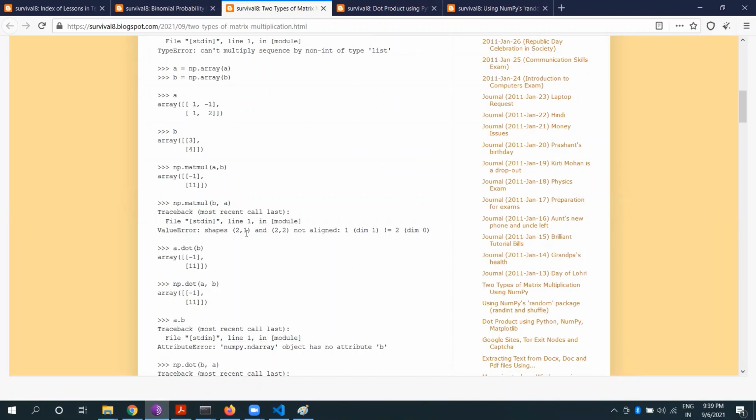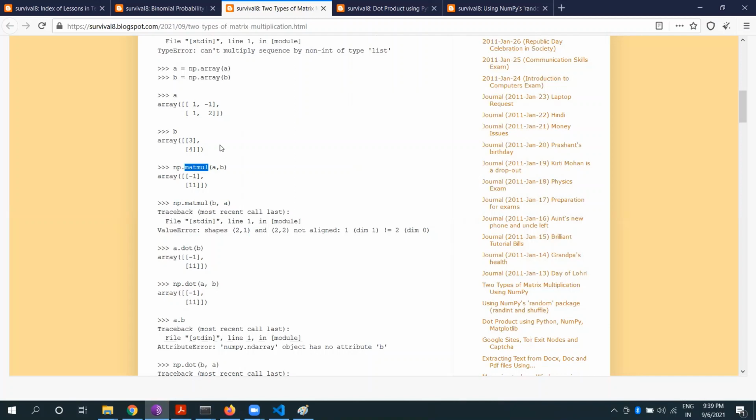If you want to do vector multiplication, you would have to call matmul, and for that there is a condition on the number of columns. It should not be a vector. The two should not be vectors, because a vector is nothing but single one-dimensional, correct?